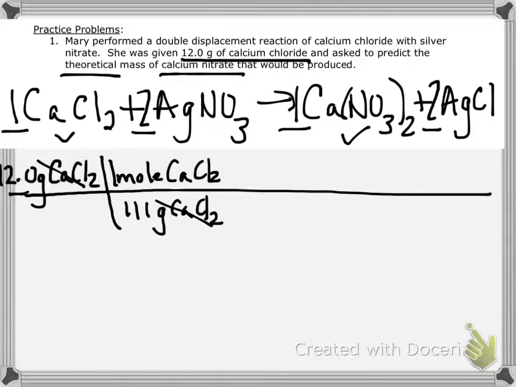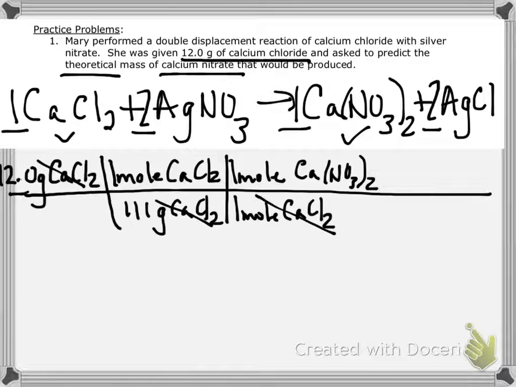And now I have moles of calcium chloride, so I can now use the ratios from the balanced equation, because that's what they represent, mole ratios. So I want to look at the ratio between calcium chloride and calcium nitrate. Well, it's a pretty easy ratio right now. It is 1:1. So 1 mole of calcium chloride is needed to make 1 mole of calcium nitrate.